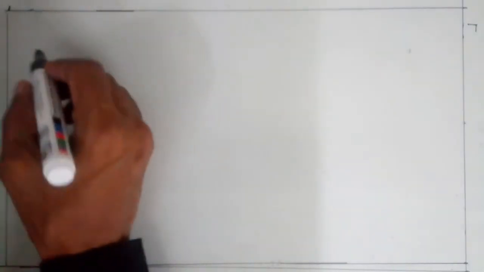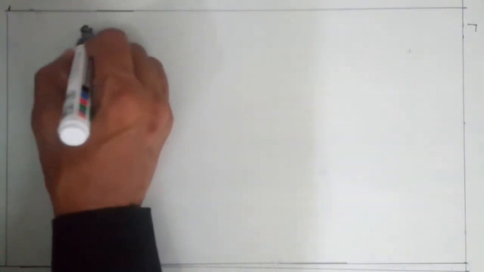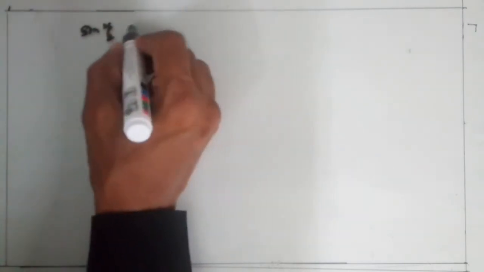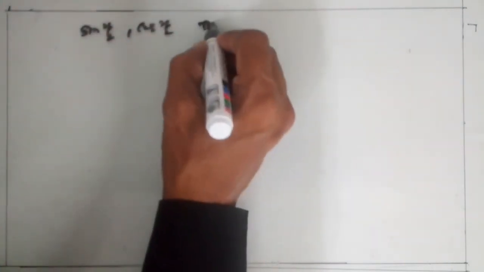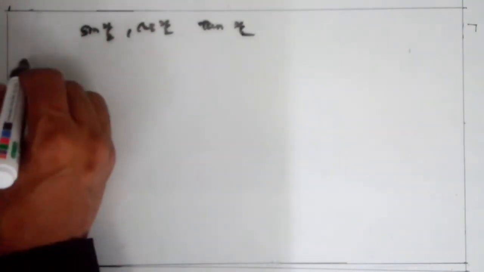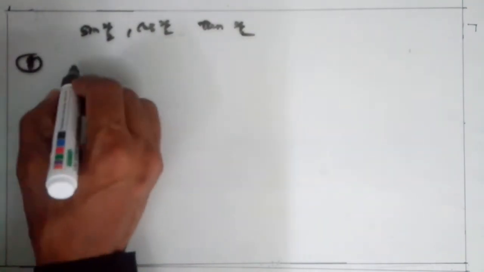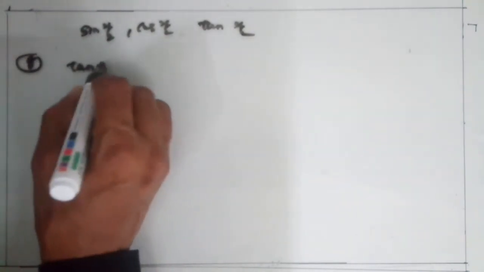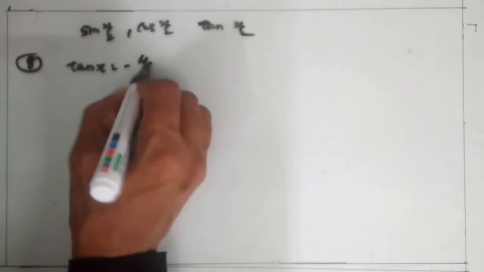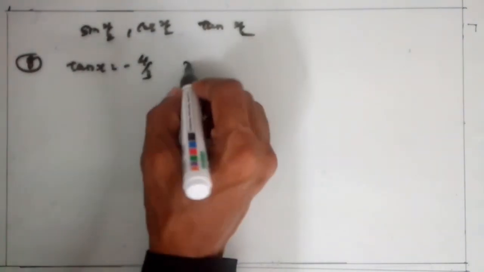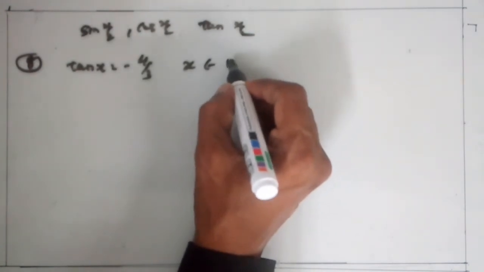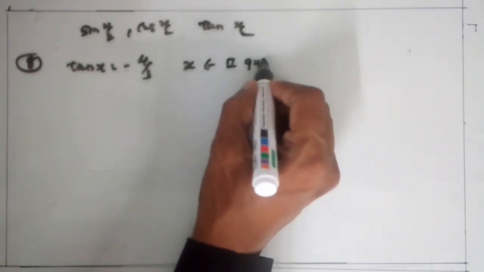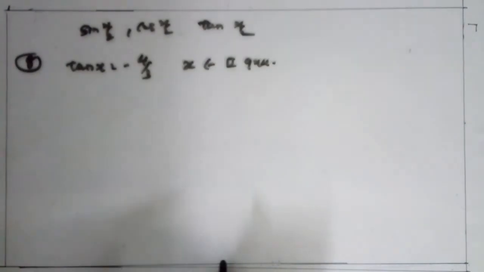Now next question. Find sin x by 2, cos x by 2 and tan x by 2 in each. In number 8, tan x is equal to minus 4 upon 3 given, and x lies in the second quadrant.